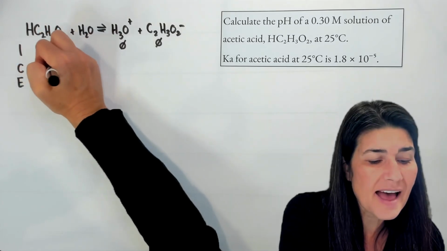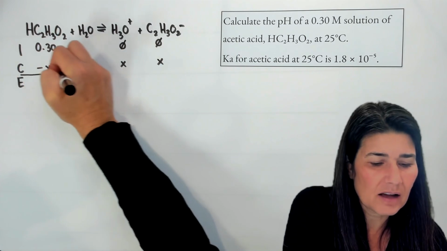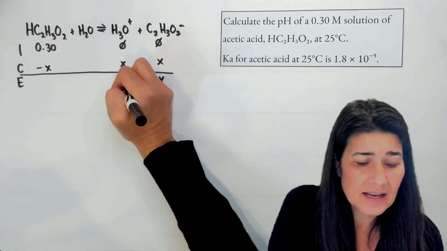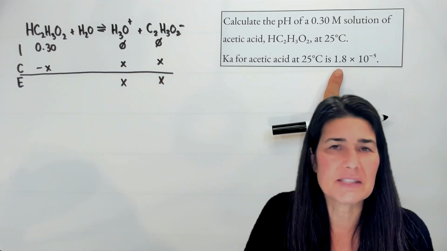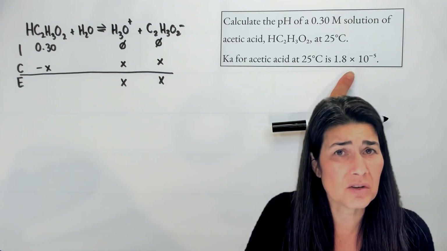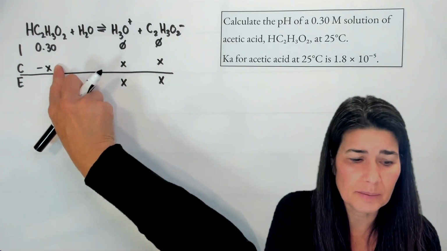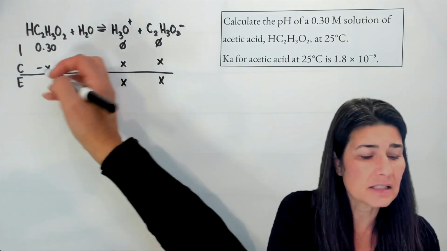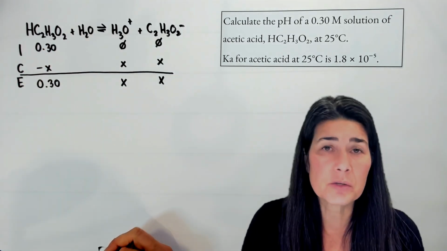We're going to take away X, we're going to add X, we're going to add X. All right, now at equilibrium, acetate is X, the hydronium is X, and since our equilibrium constant is very small, 1.8 times 10 to the minus 5, we're going to be able to use the rule of 100 approximation where we drop the X term. It's going to be so small compared to our initial acid value.